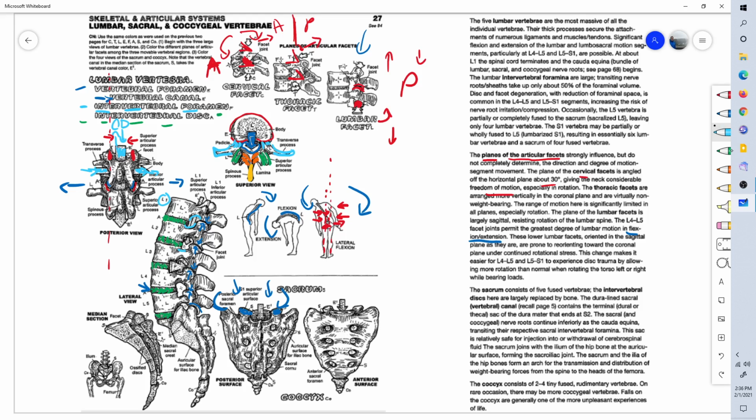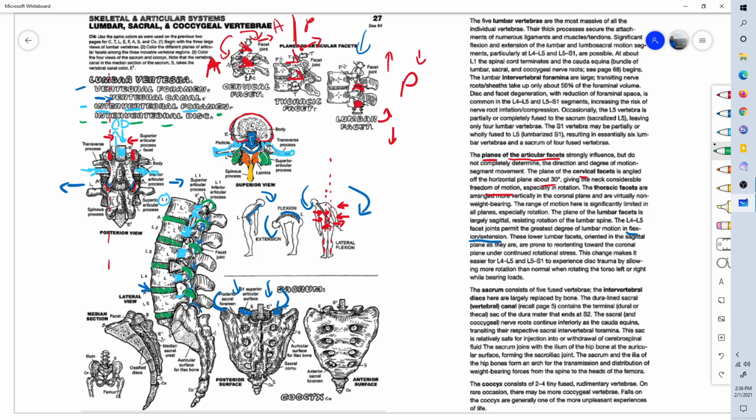Here's the pedicle, with an inferior arch and a superior arch, forming sort of the bridge of the intervertebral foramen there, as you can see. The articular processes: the superior articular process here, big bump.